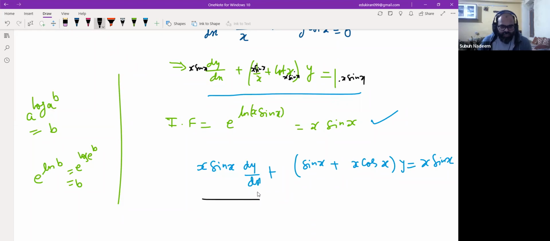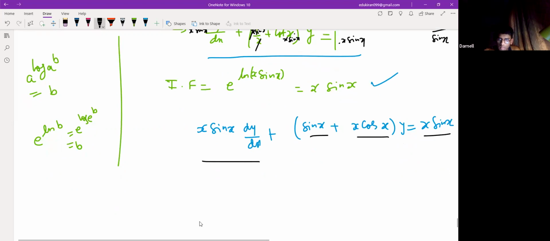So this is x sin x dy by dx. This x cancels and only sin x you get. Here cot x is actually cos x by sin x, so sin x will cancel and you will get cos x. And here x sin x. Would you get this? Yes, sir. Would you get this? Yes, sir. Okay. Now what will happen?